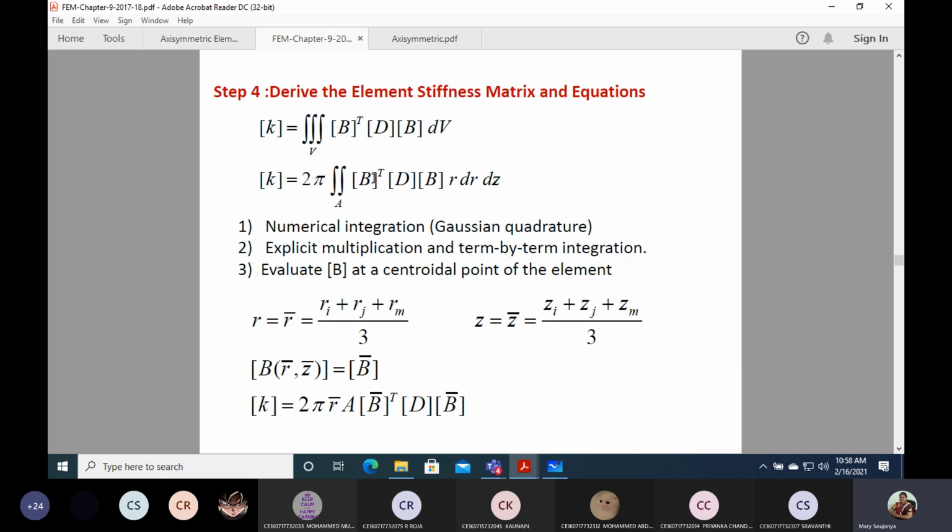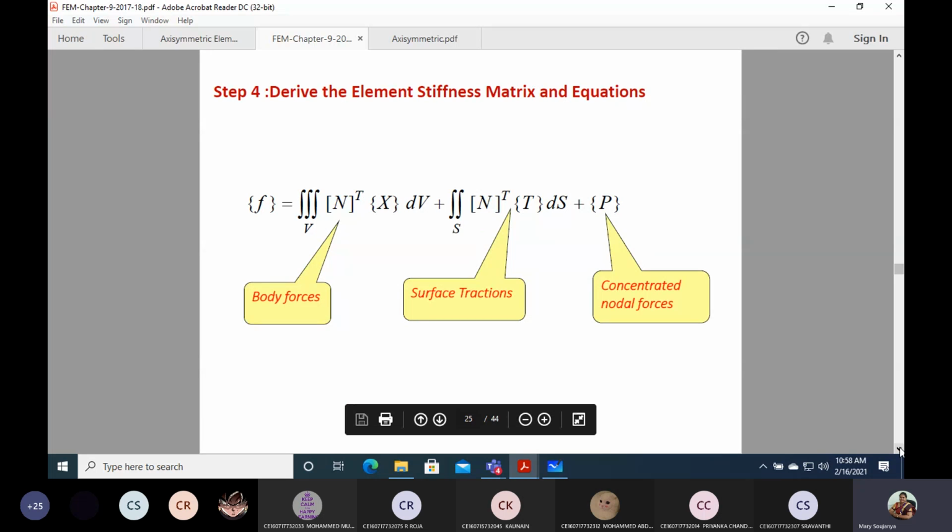So if you have heard and are perfect with unit 3 and unit 4, unit 5 is very simple. It is just the application taken from unit 3 and unit 4 to get a solution for the axisymmetric problem. All right.